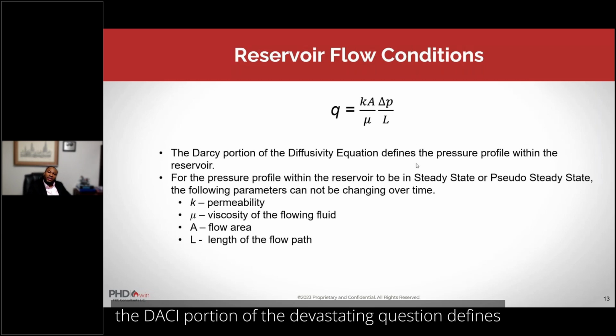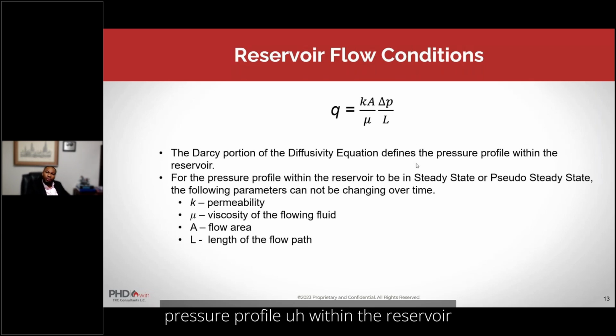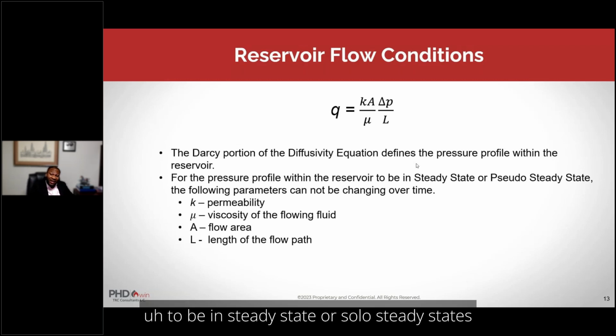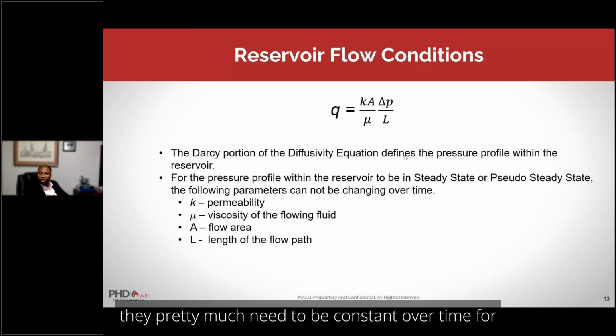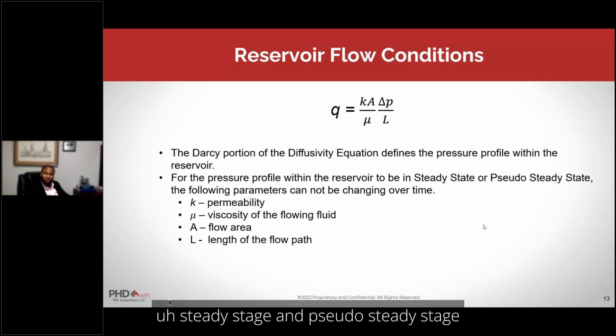The Darcy portion of the diffusivity equation defines the pressure profile within the reservoir. And for this pressure profile to be in steady state or pseudo-steady state, the parameters of Darcy's equation need to be constant over time, so they shouldn't be changing. So permeability, viscosity, the flow area, the length of the flow path, these pretty much need to be constant over time for steady state and pseudo-steady state.